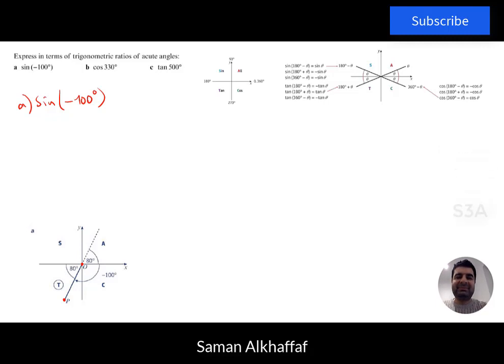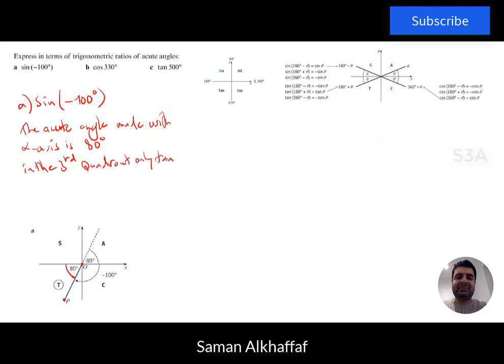So we'll say in this scenario the acute angle made with the x-axis is 80 degrees, as shown here, where we connect the 80 degrees to the x-axis, and that tells us that in the third quadrant only tan is positive.